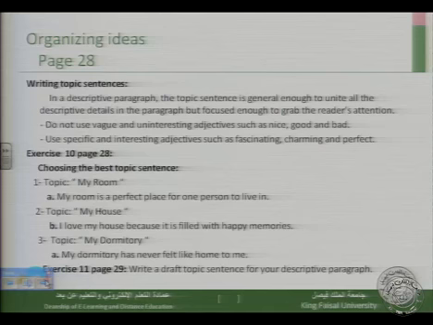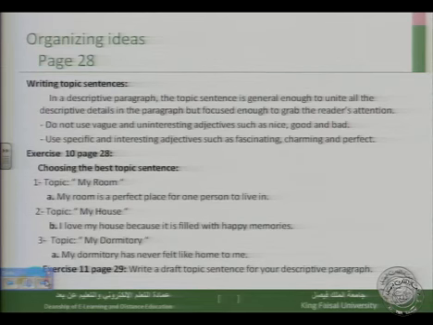Now, there are 2 pieces of advice when you write your topic sentence in a descriptive paragraph. The first one is, do not use vague and uninteresting adjectives like nice, good, bad. Those are vague adjectives and they are uninteresting. And also they make the topic sentence too general. When you say, for example, my room is nice, this is too general.